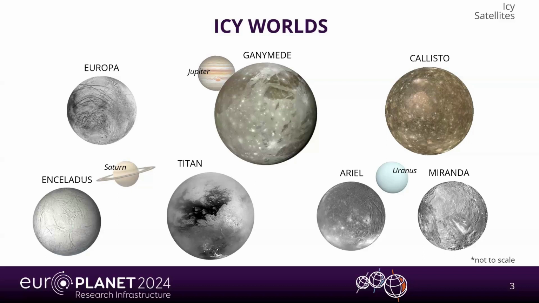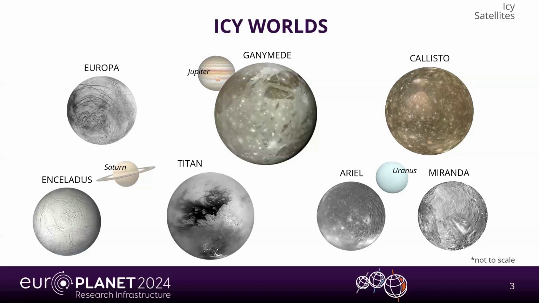So such icy satellites are very interesting, obviously, from the scientific point of view, but also for planetary exploration, since they show many similarities to silicate bodies.